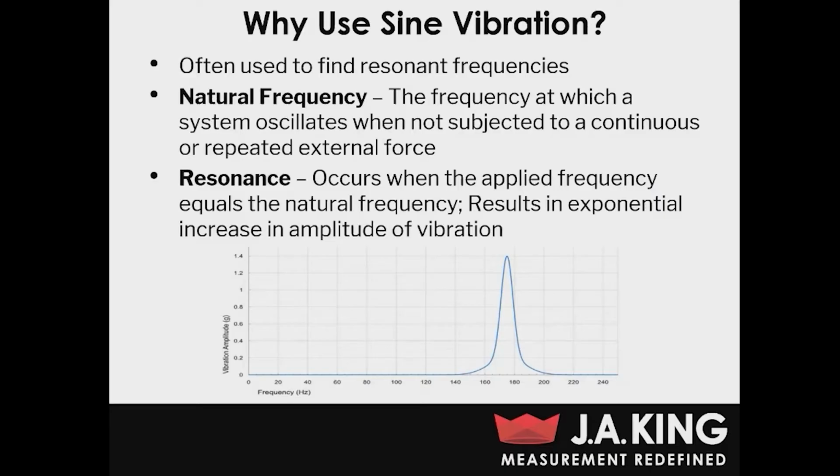And resonance is what occurs when the applied frequency equals the natural frequency. The result of that is an exponential increase in the amplitude of vibration. If you take a look at the figure I've put here at the bottom, this is a good example of what hitting a resonant frequency would look like graphically.